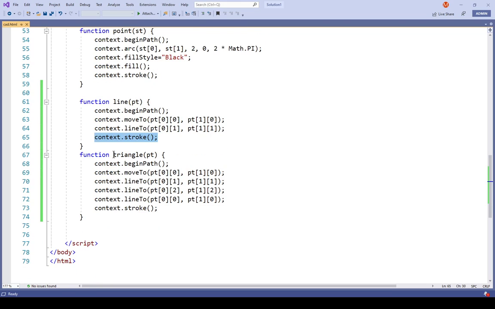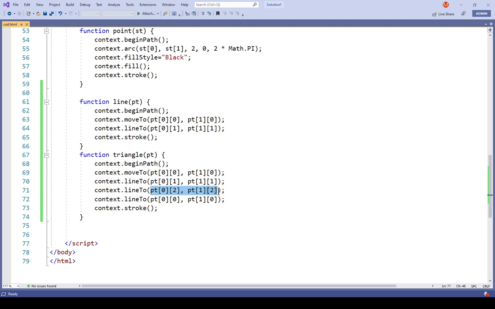Similarly, I created a triangle. In a triangle I have 3 points, whereas a line draws between 2 points. So this is my first point, this is my second point, this is my third point.